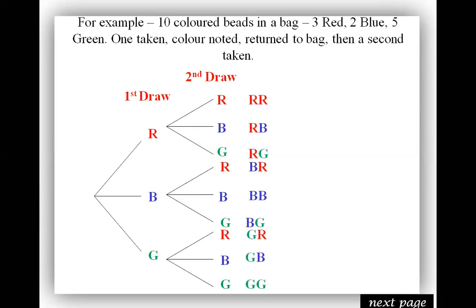So the possibilities will be, for the first one, red and red, for the second one red and blue, for the third one red and green, then blue and red, blue and blue, blue and green, green and red, green and blue, green and green. Any confusion with all these possibilities?